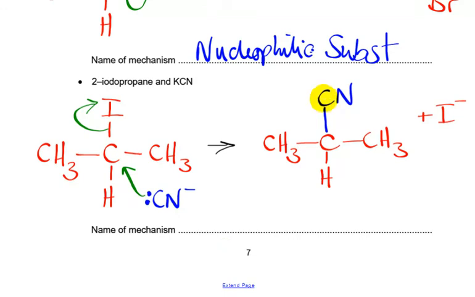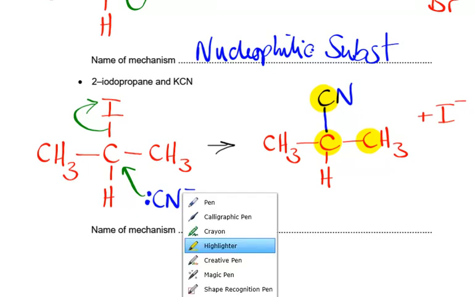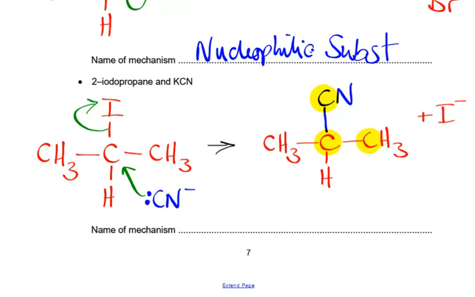Again, longest carbon chain, including the nitrile, is 3, so this is propane nitrile, and the methyl group is on the second carbon, although it couldn't actually be anywhere else, so this is simply methyl propane nitrile.